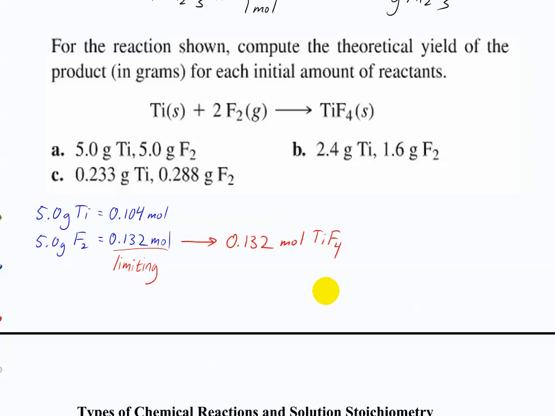Oh, yeah, sorry. I was looking at the titanium. So it should be half of that, right? Because the ratio here is 2 to 1. So half of that. It's 0.066 moles titanium. So that's how much product we would expect to form.